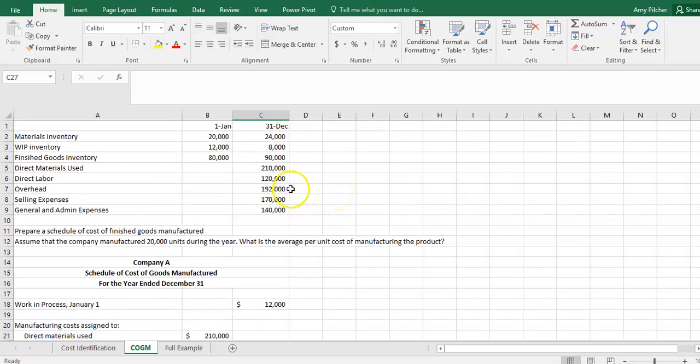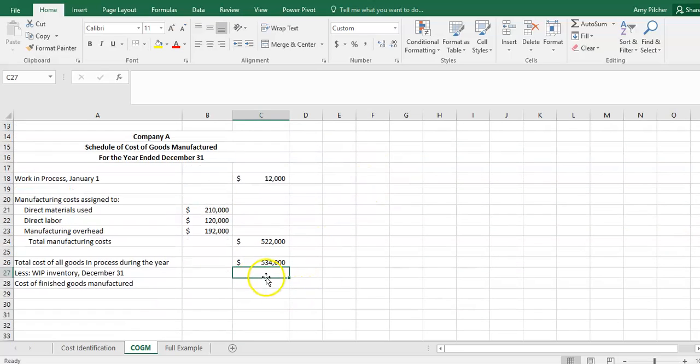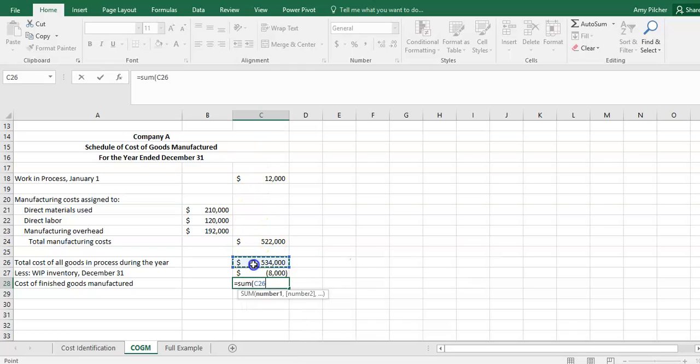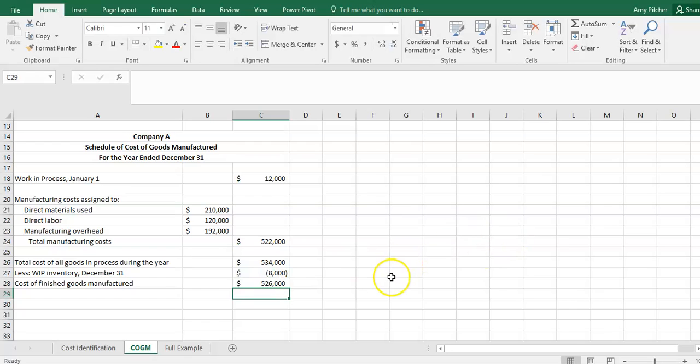So we'll come back up here and we see that our ending work in process inventory is 8,000. So we're going to subtract 8,000, and that gives us our total cost of goods manufactured for the period, $526,000. That's our schedule of cost of goods manufactured.